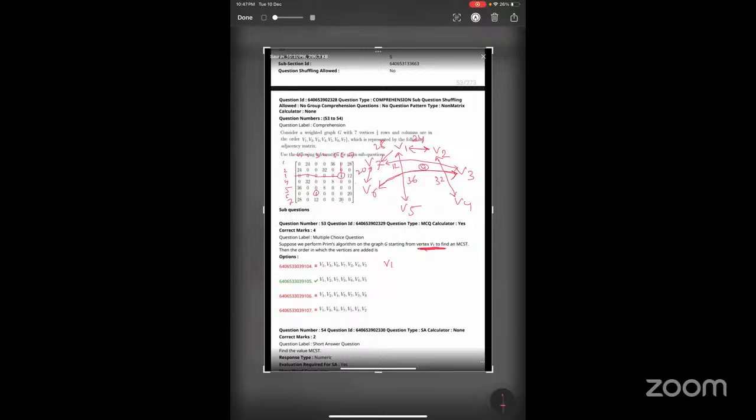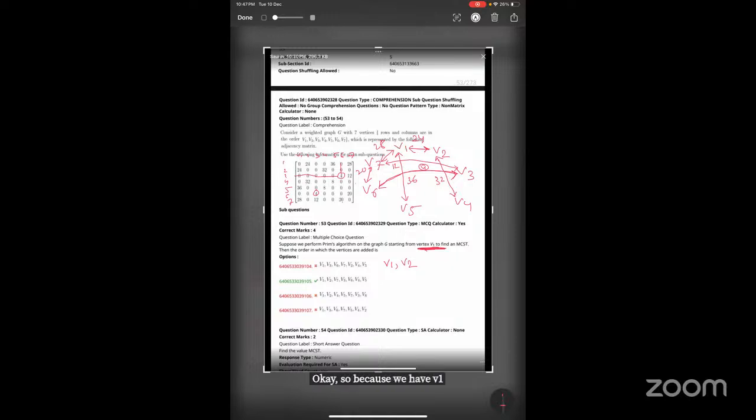Then after V1, we will choose the vertex with the least edge. So we will consider V2, right? Because we have V1.